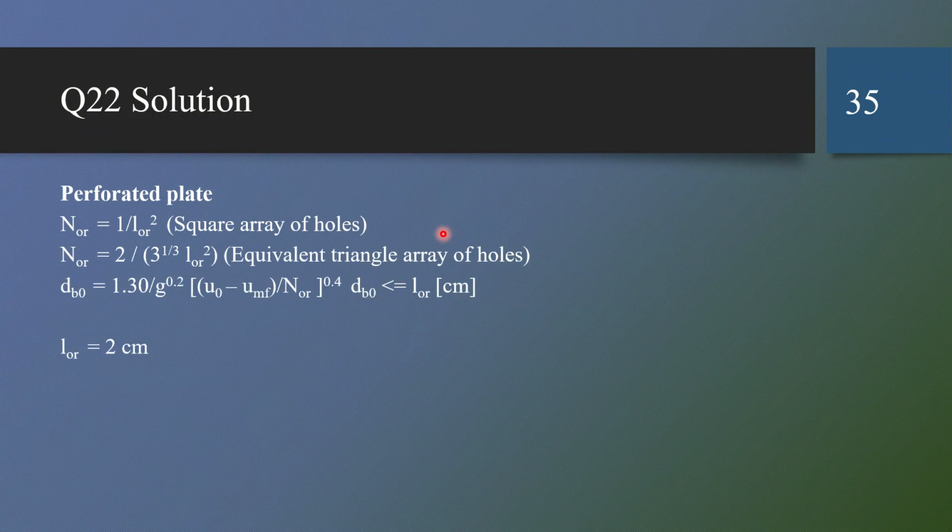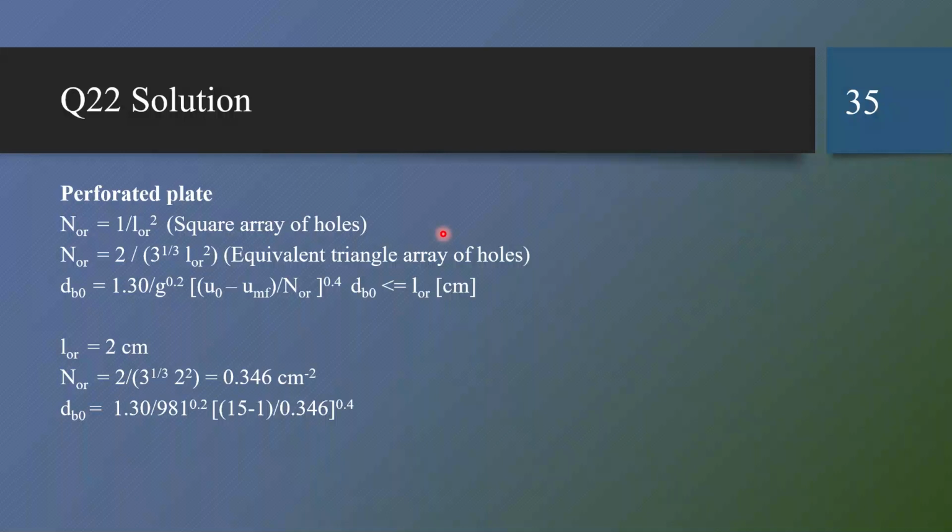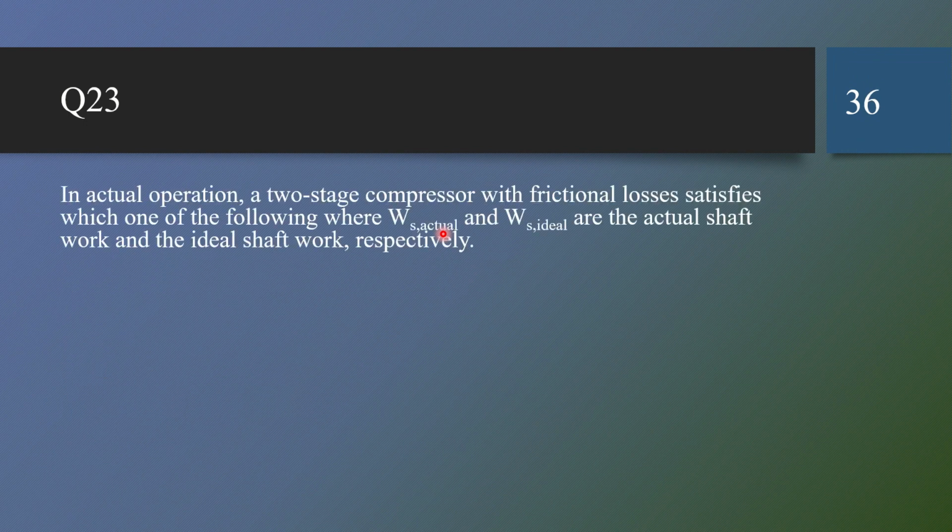From this it can be seen that for the porous plate we obtain a bubble size of 0.56 centimeter, whereas in the perforated plate it is almost 3 times larger, that is 1.44 centimeter. So we can see that in the perforated plate the bubbles are very large, but the porous plate can only be used in small scale setups, whereas in industrial scale setups we need at least perforated plates.